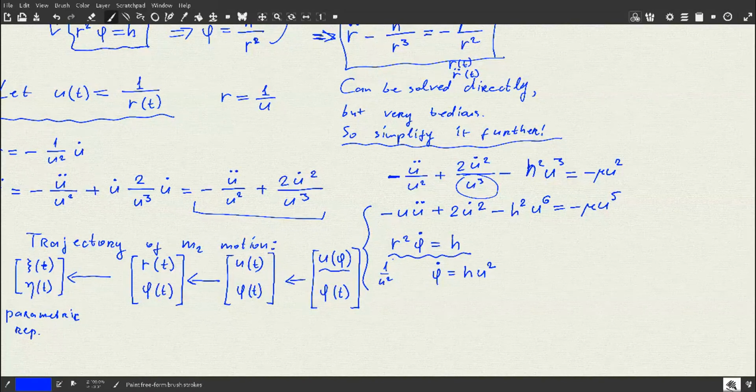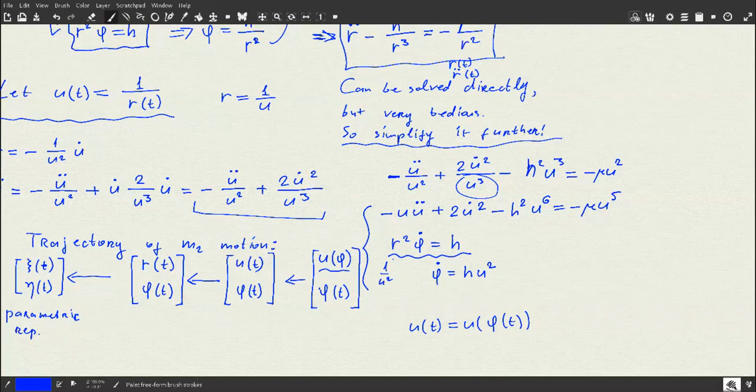But if you have phi of t in addition, then of course you can say that u of t is equal to u of phi of t. U of phi is supposedly known, not yet, but it will be. Phi of t is supposedly known, not yet, but it will be. Then we get u of t.